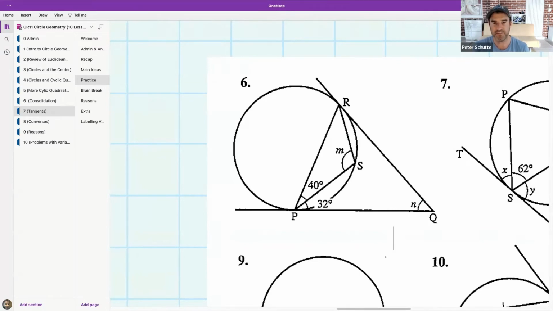We are using facts about circles and tangents. In this question 6, I can see 2 tangent lines because these lines are touching the circle in one place only. But I don't want to give more than that away. But what I would like to know is what is this angle and what is that angle there, called M and N. I leave them to you for now.